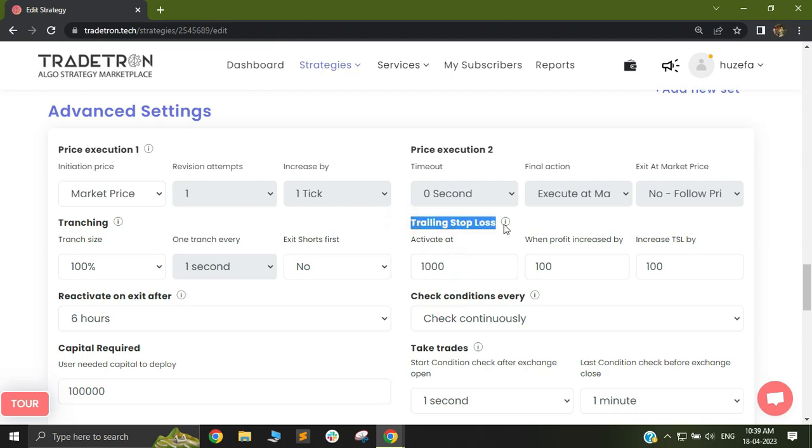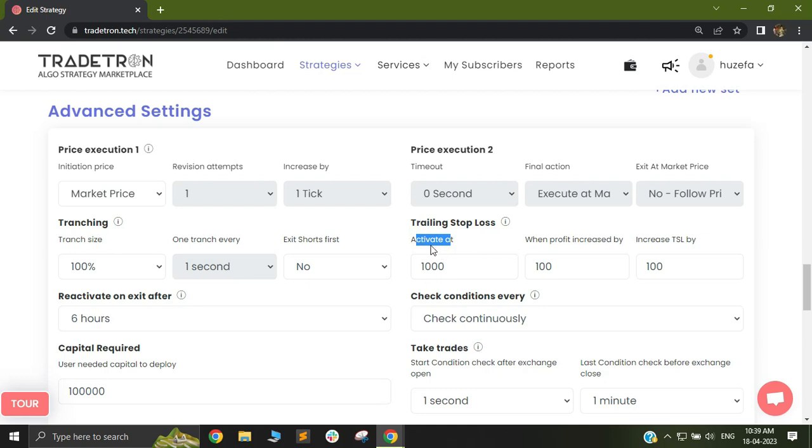This means that now if my strategy goes into a negative PNL again, which means even a 1 rupee loss, in that case my trailing stop loss will close the entire strategy and it will trigger a universal exit. After universal exit, it will wait for the reactivate on exit time and then it will reactivate the strategy. So this is about the activate at price.